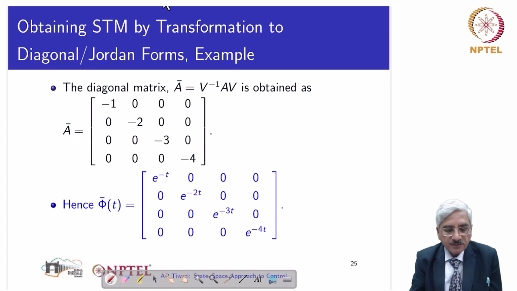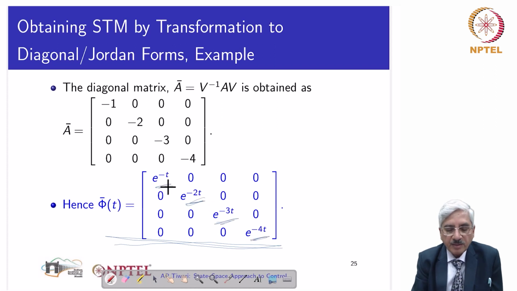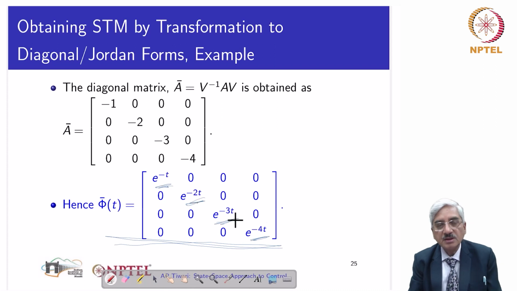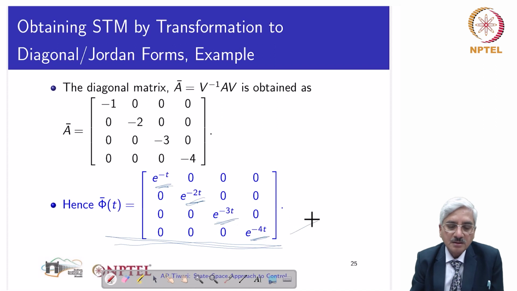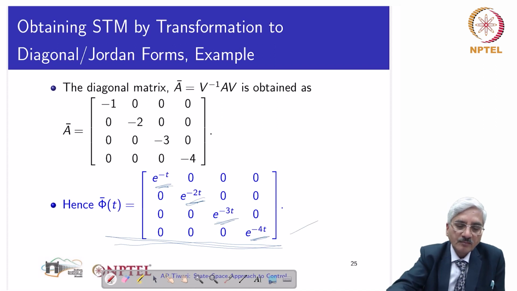Once that A bar is available, then we can write phi bar as this. Phi bar is also a diagonal matrix, and the diagonal entries are e power lambda t in that form. So e power minus t, e power minus 2t, e power minus 3t and e power minus 4t. That is the matrix phi bar.